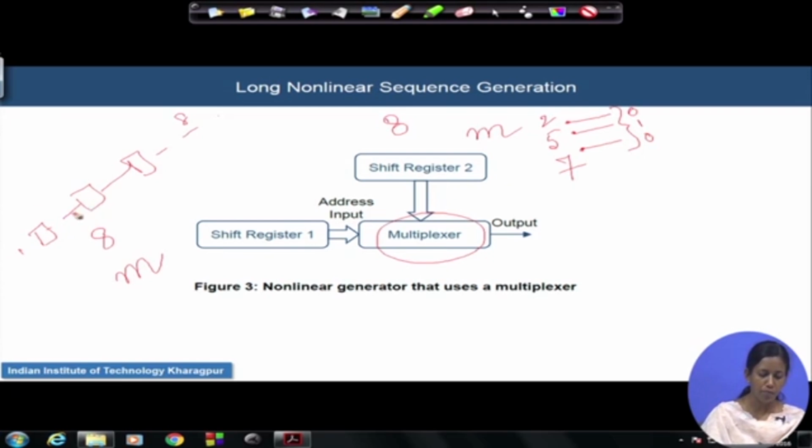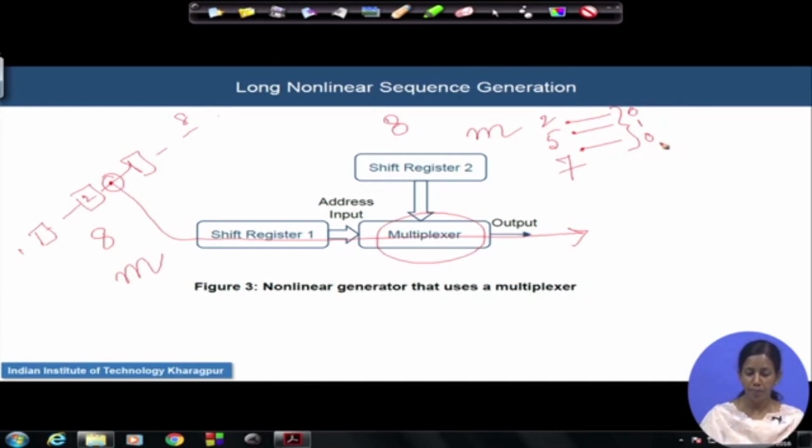So, whatever value is generated at the output of stage number 2 when the clock pulse comes, it is connected directly to the multiplexer and comes out as an output. For each and every clock pulse, you will keep generating new addresses, because based on the initial state of the shift registers you are generating these values.